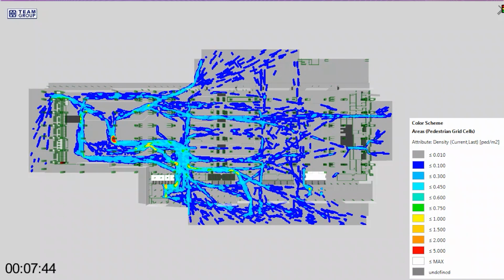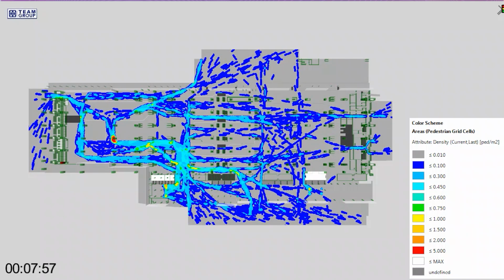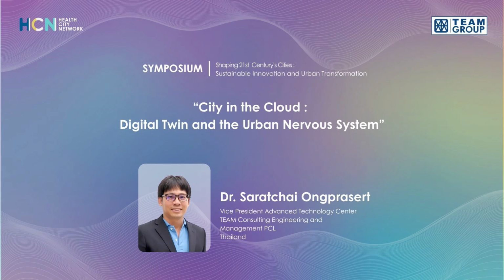You could see there would be a congested area connecting the subway to the red line, walking up from here to here. So we could estimate the market value of the rental fee or the advertisement around that area.